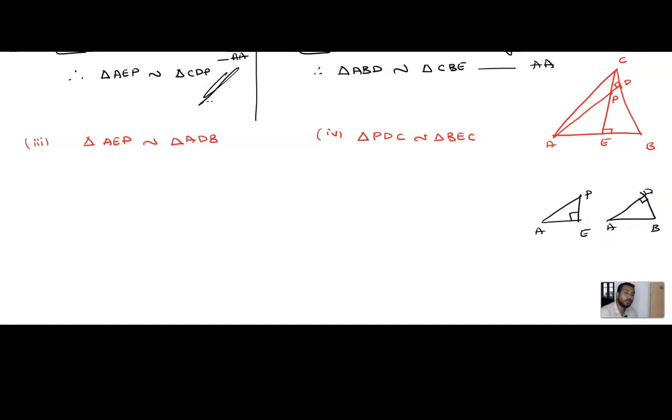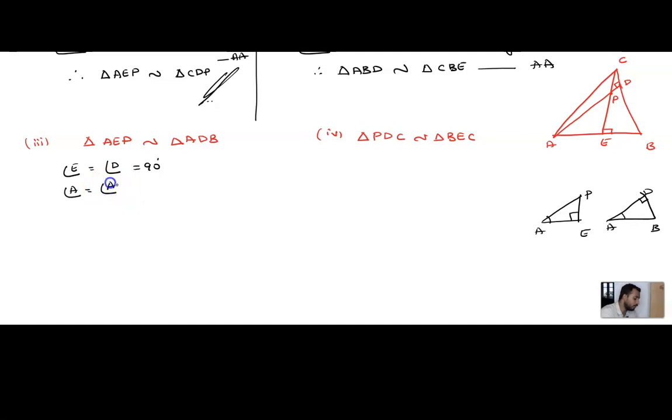Again, same format. What do we know, children, in this case? We know that angle E is equal to angle D, which equals 90 degrees. According to this figure, on the left side is angle A, and here also angle A. Even in the last case you can write in this format.